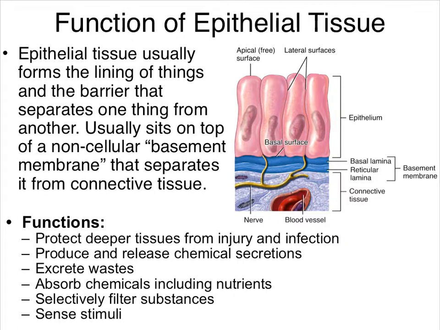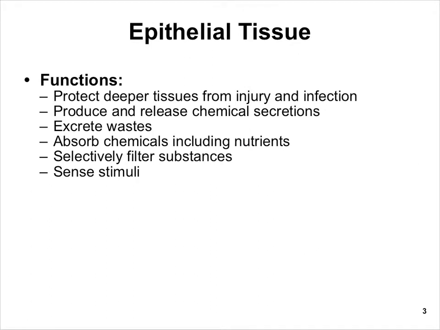Those nerve endings don't actually go into the epithelium, but they go into the basement membrane that the epithelium rests on top of, and they can sense disturbances in your epithelium, which is how you sense hot, cold, and light touch and things like that. Other functions? No, I basically just talked about that.